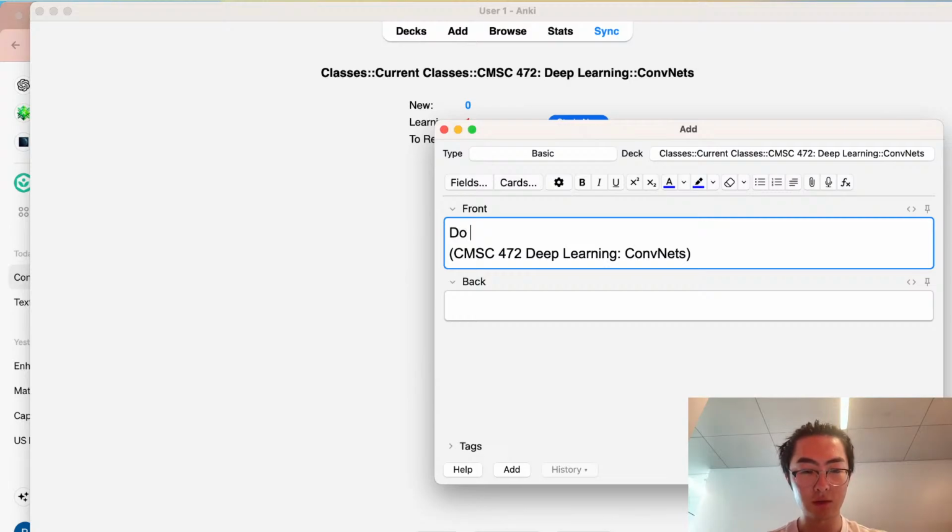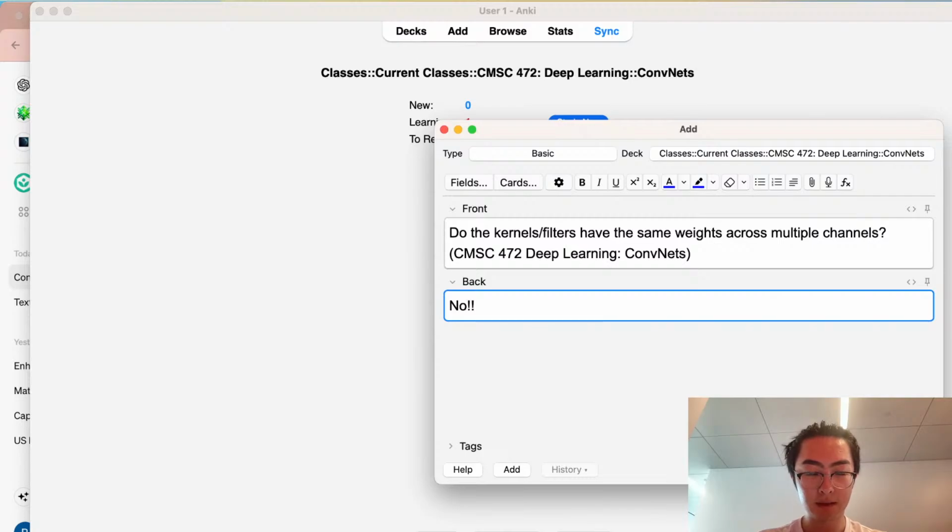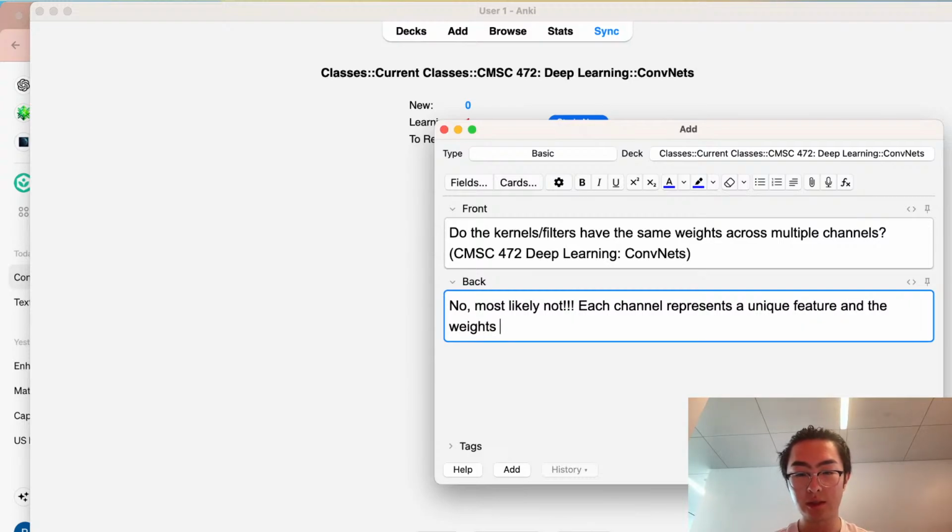So do the kernels, filters have the same weights across multiple channels? No. Most likely not. Each channel represents a unique feature, and the weights that get applied to it are different across the channels.